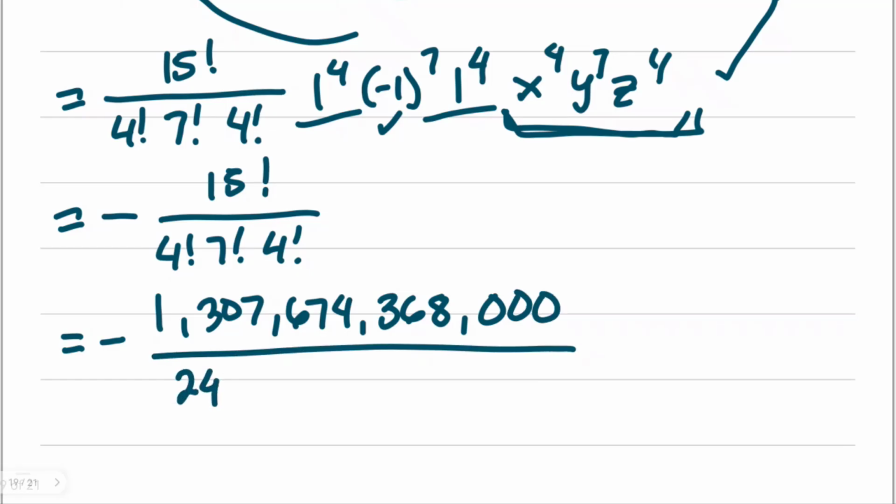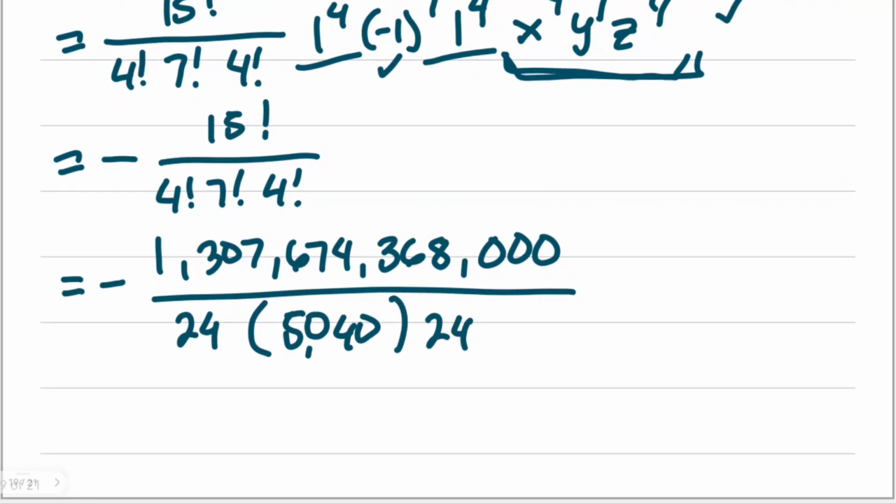You can verify that. Okay, 4 factorial is 24 times 7 factorial, which is equal to 5,040, and another 24 here. So you can verify the result.